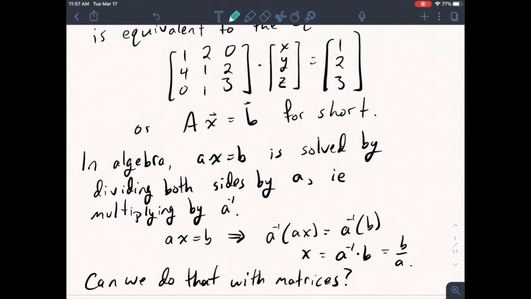And on the right side, I get a inverse b, which if we're in algebra, we would write as b over a, but really you want to think of this as just a inverse b.